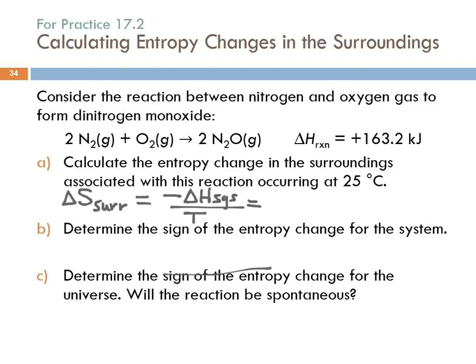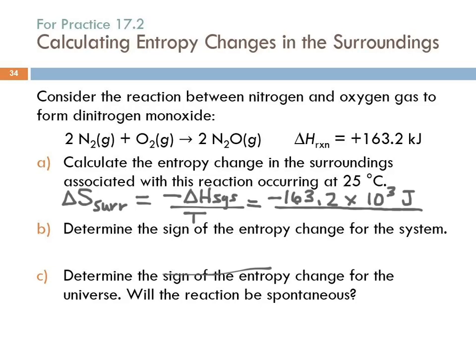We should convert it to joules. So negative 163.2. I'm going to kind of do it a TD way. What does kilo stand for? 10 to the third. So this is not proper form, but it gets the job done. So I just put in 10 to the 3 instead of K for kilo. Or you can change it at the end.